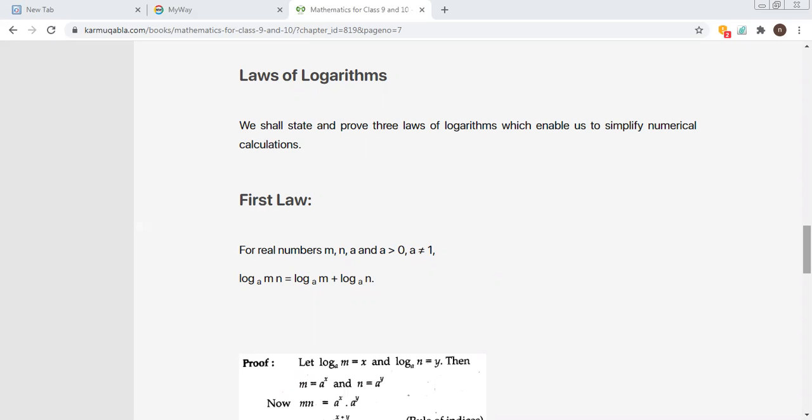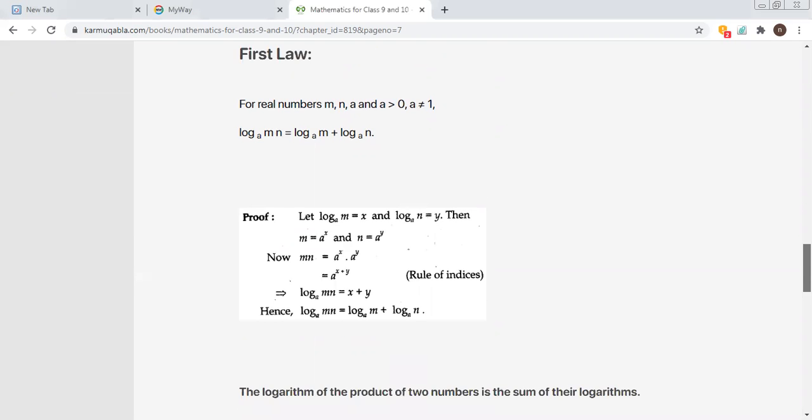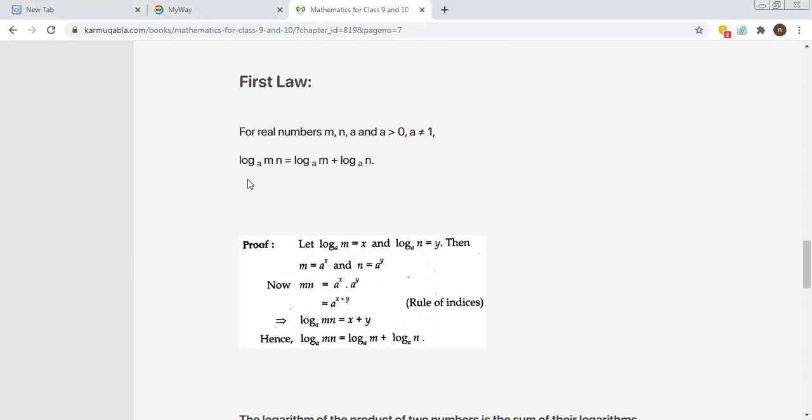First law, it is also a formula, and it will be applicable and useful in further exercises.